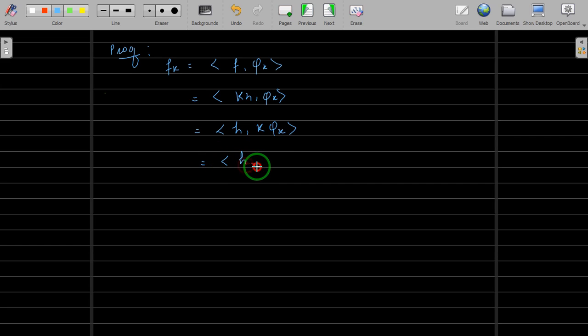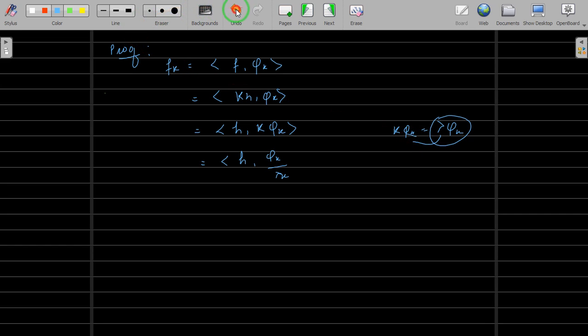So since phi_k and lambda_k are the eigenfunctions and eigenvalues respectively, we can write K phi_k equals lambda_k phi_k, and then we can write it in the respective form.